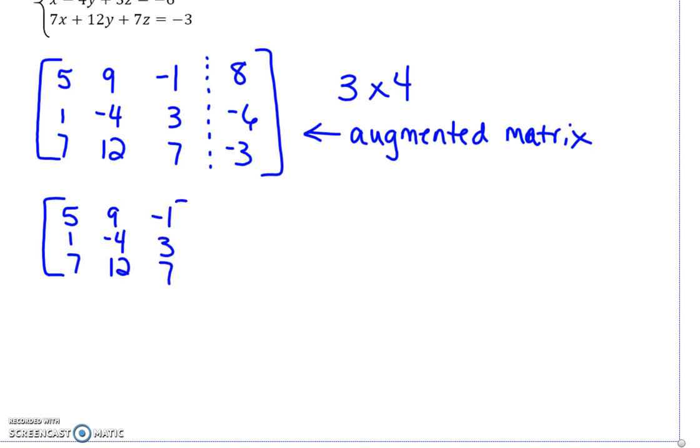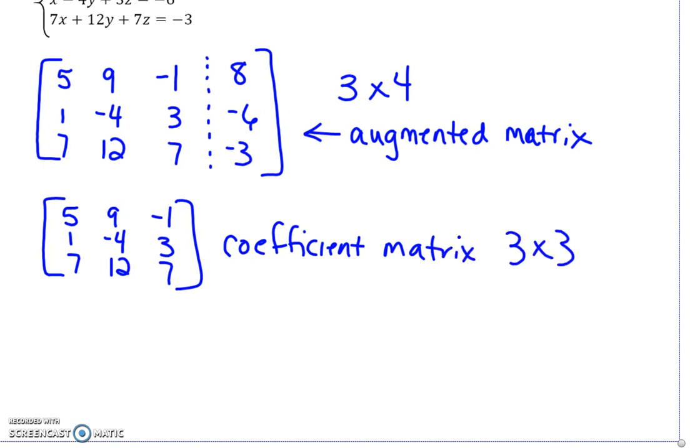So this would be called the coefficient matrix, and it's a 3 by 3 because there are 3 rows and 3 columns. Okay? All right, so that's all we had to do for number 1. We weren't solving anything.